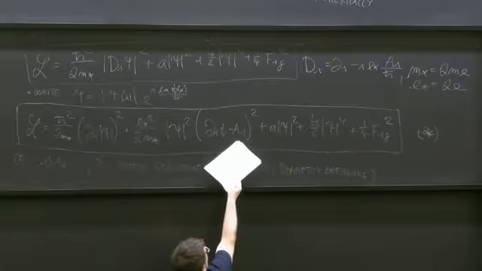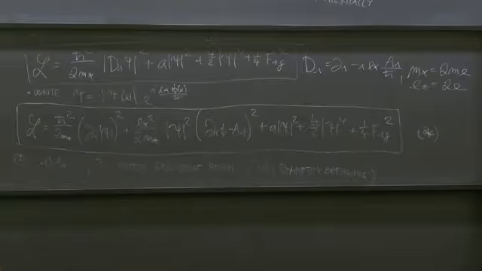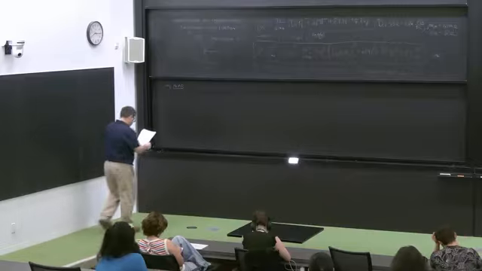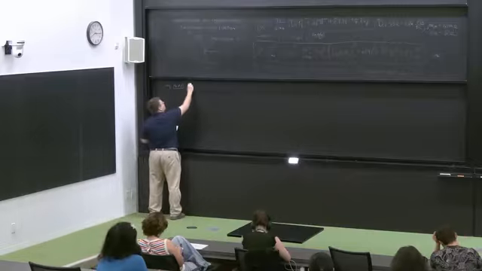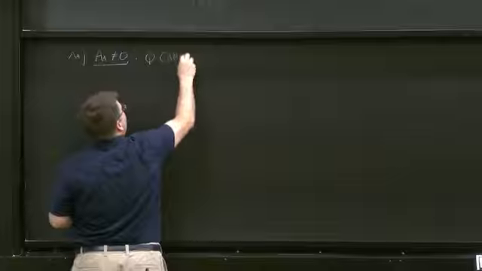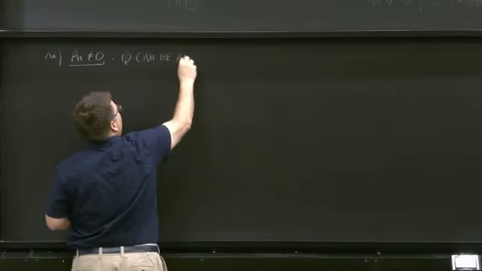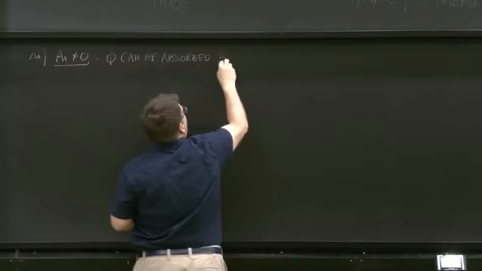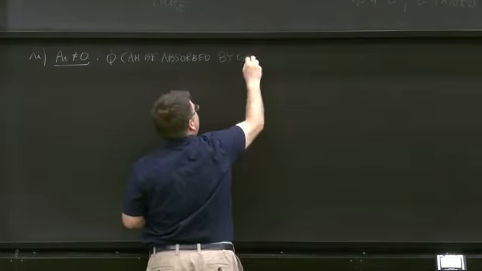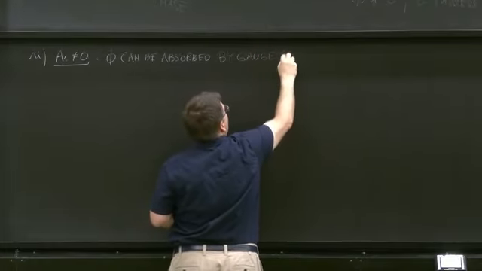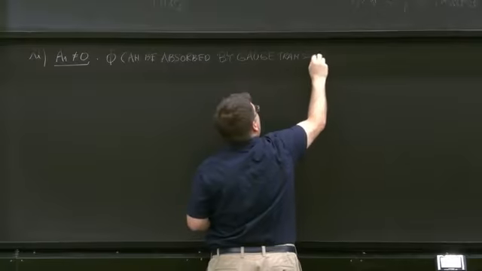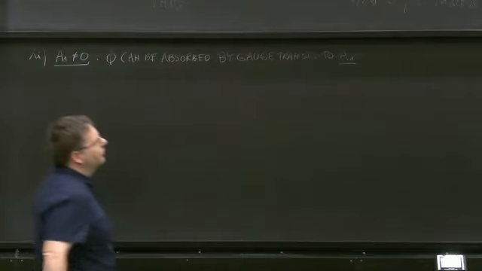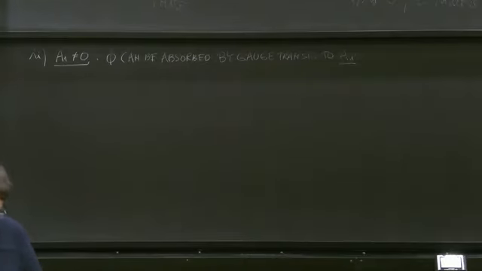In other words, if I choose a gauge transformation, I can kill this phi and absorb it into A_i. So phi can be absorbed by a gauge transformation into A_i. It's obvious, it's just a gradient of my gauge function.